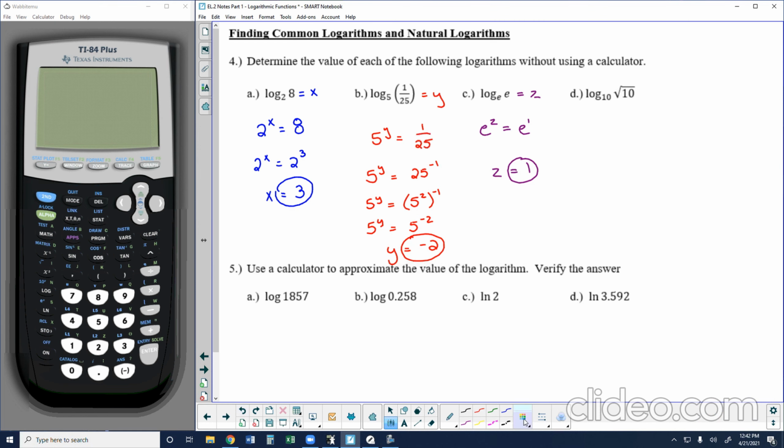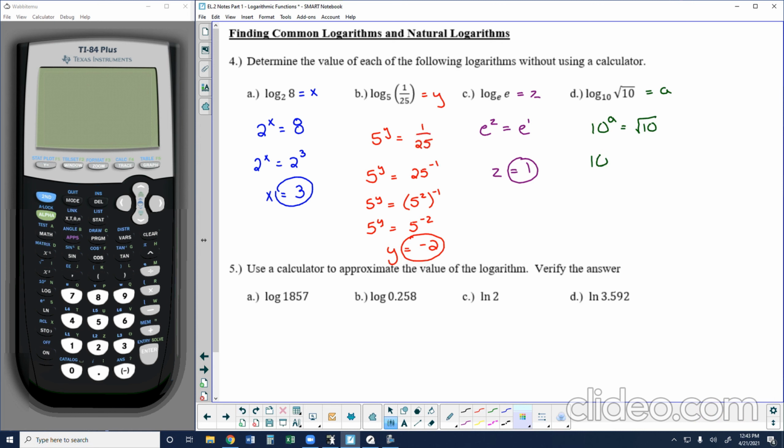And let's do one more together, D. So here, let's pause at this point and let you try to rewrite. So hopefully you were able to rewrite the equation. The base would be 10. The output a becomes the exponent, and 10 to the a power would be equal to the square root of 10.